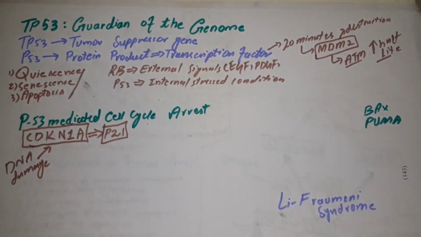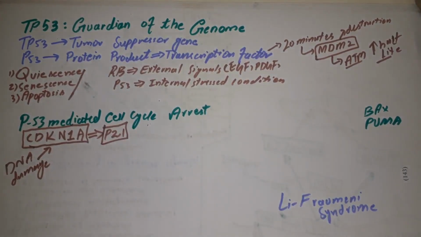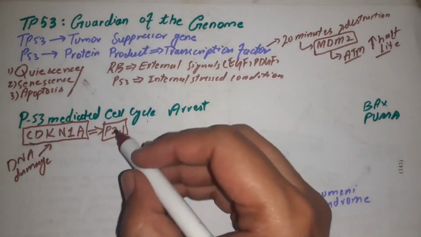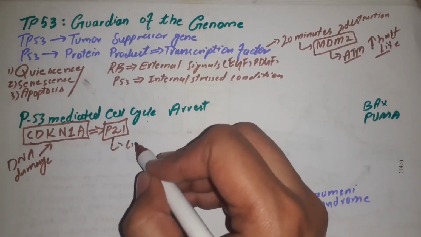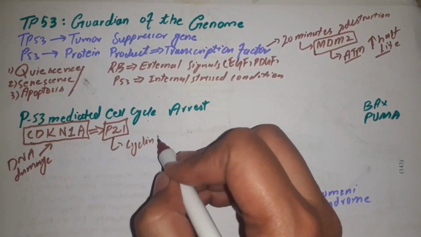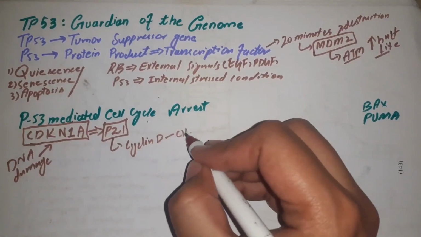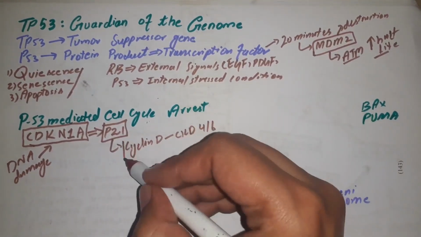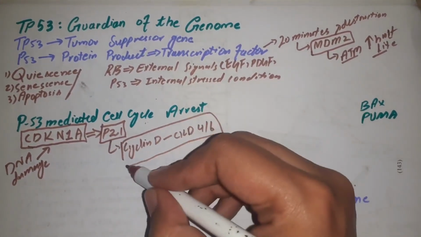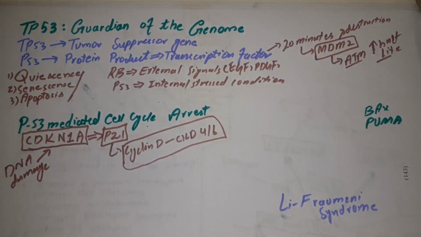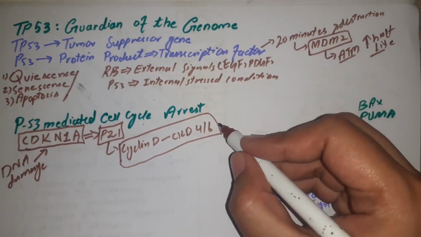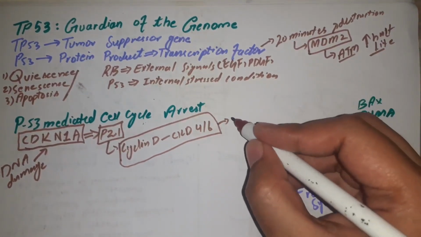Okay, so its protein product P21, what it does, this P21 basically inhibits cyclin D and CDK complexes, or you can say CDK4-6 complex, which we studied in the retinoblastoma or RB lecture.